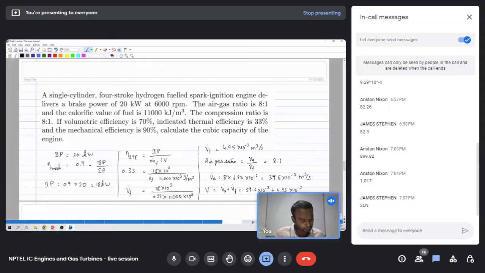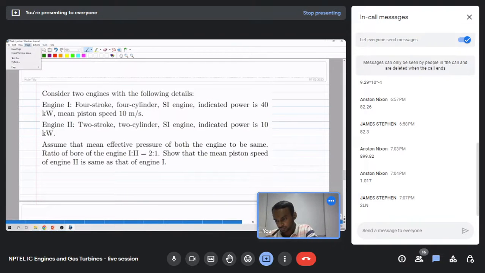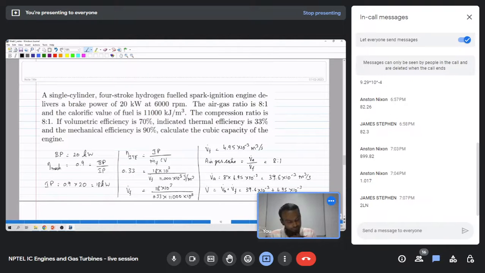That is the total volume flow rate, 44.55 into 10 to the power minus 3, again in meter cube per second.